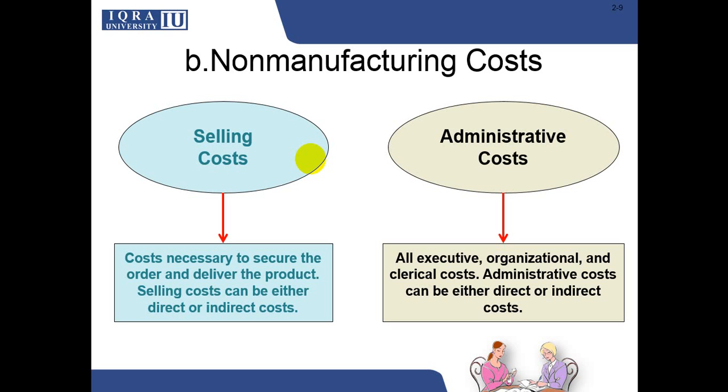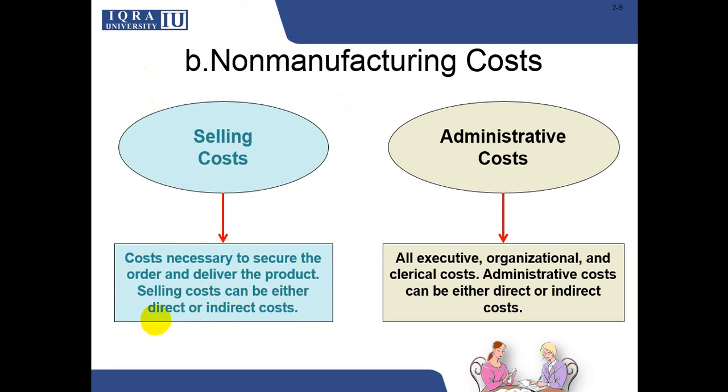Non-manufacturing cost consists of selling cost and admin cost. Selling cost includes costs necessary to secure the order and deliver the product. Selling cost can be either direct or indirect cost.